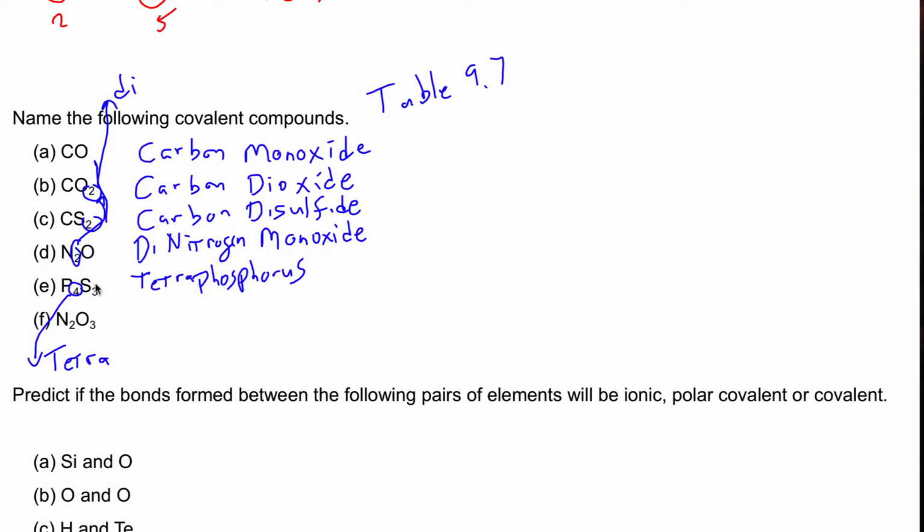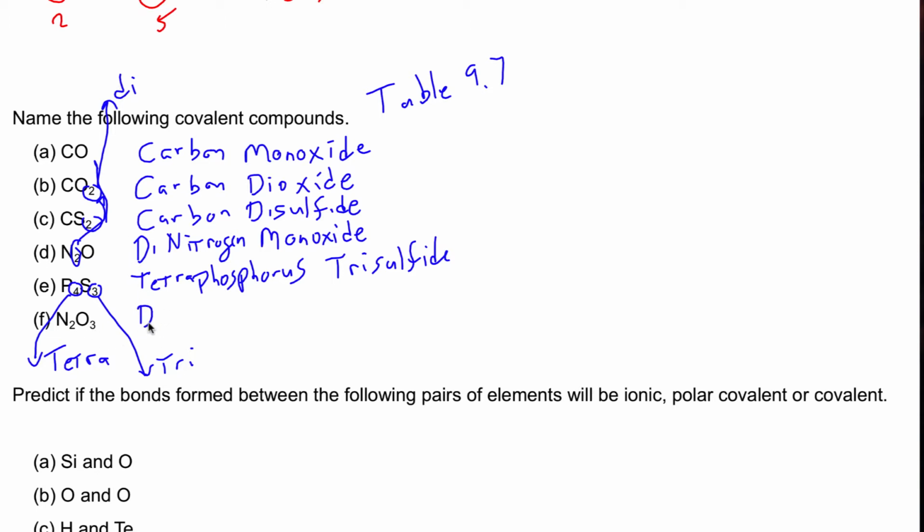And it has 3 sulfurs here. 3 sulfurs means tri. So it's going to be tetraphosphorus trisulfide.